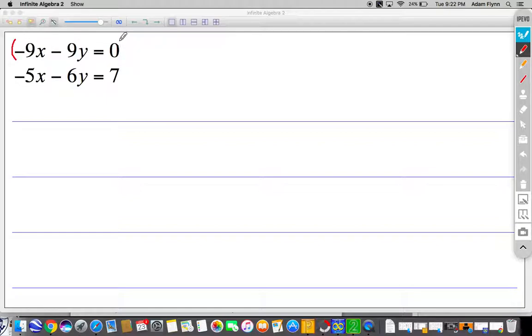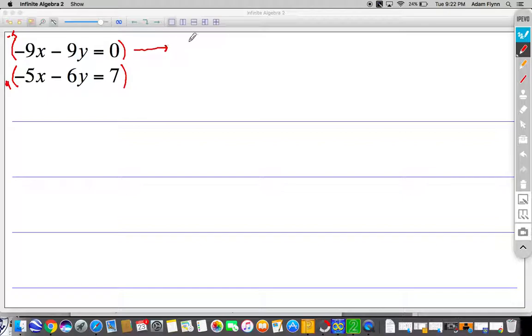So I'm going to think of the smallest number that 9 and 5 both go into, and make one of them positive and the other negative. So 9 and 5 both go into 45. So how about I multiply this top equation by negative 5, and I multiply this bottom equation by 9.